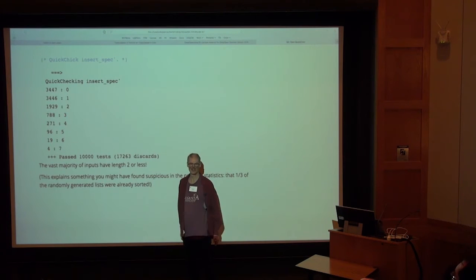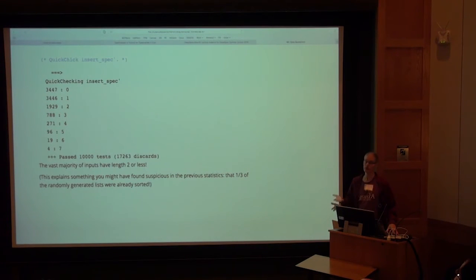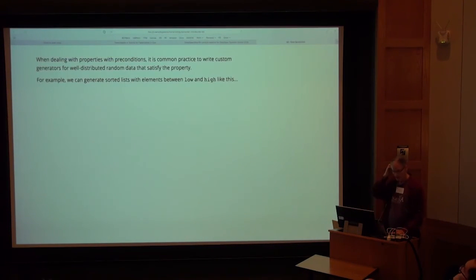So of course, a lot of them are going to be sorted. But by the same token, they're not giving us very interesting testing. In situations like this, we really don't want to use the automatically provided, type class magic generators. We really want to write our own custom generator.